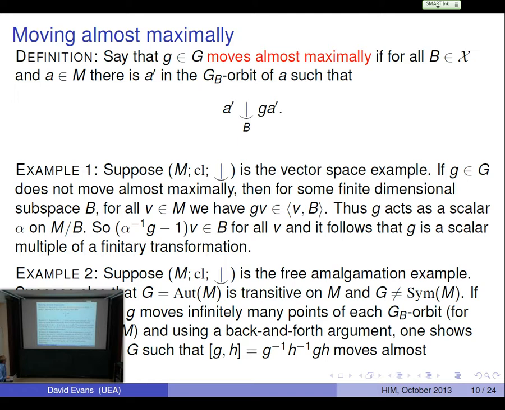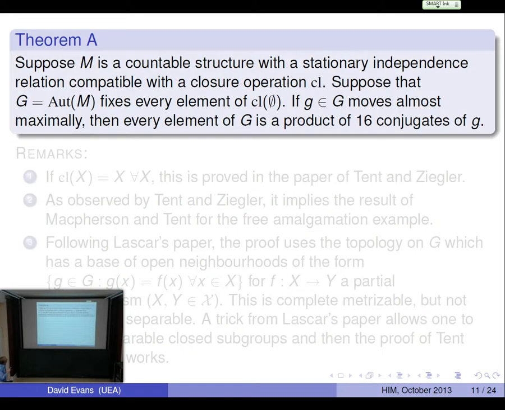Okay, so then here is the theorem. Let's suppose we've got a countable structure with one of these stationary independence relations, which is compatible with some closure operation on the structure. Clearly we're going to have some normal subgroup here, the things that fix everything in the closure of the empty set.